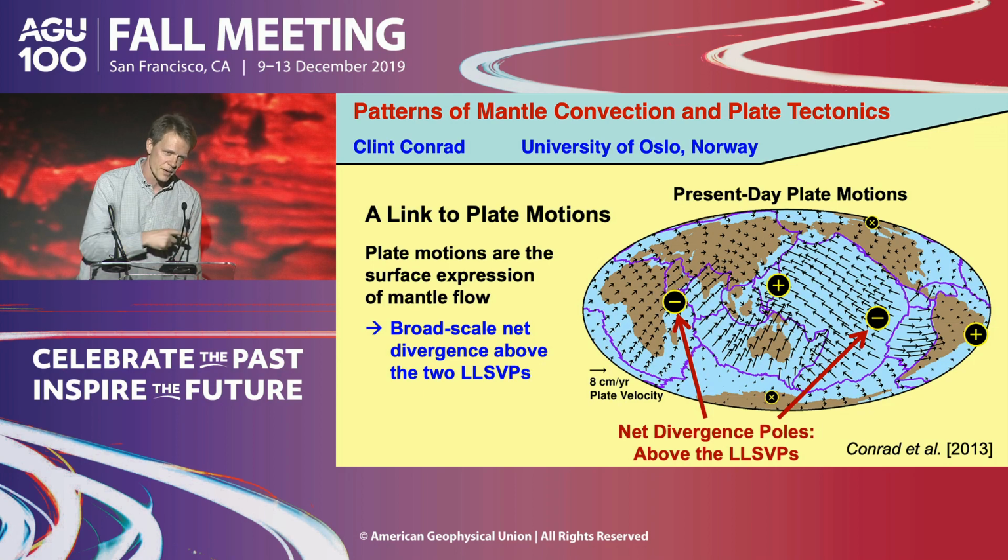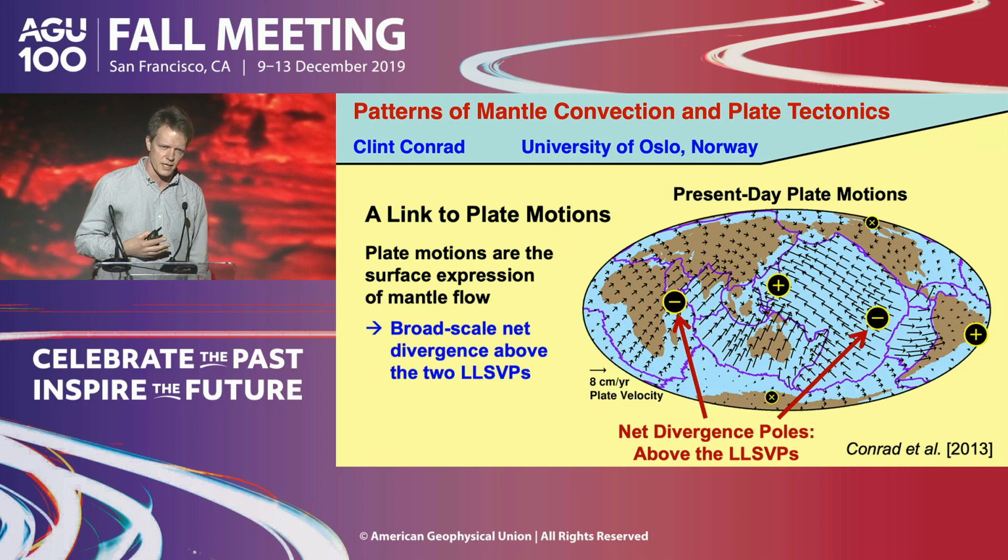There's one above the Africa and one above the Pacific LSVP, and it makes sense that you'd expect to see divergence of plate motions in these areas if the mantle is upwelling beneath these regions.